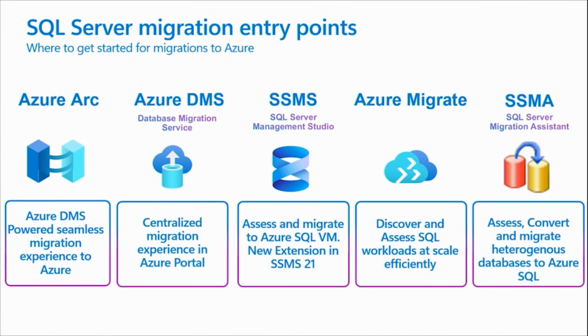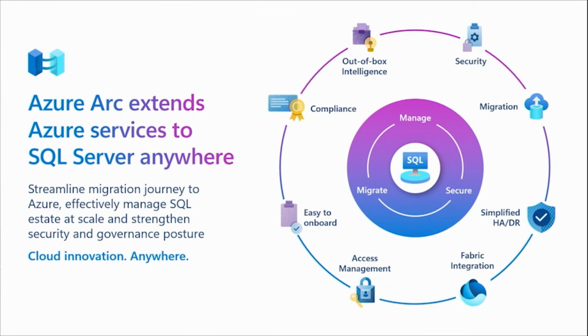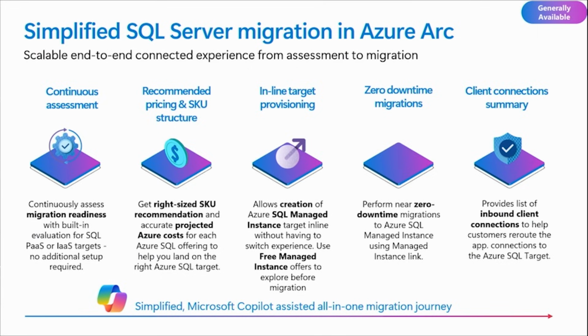Let's focus on Azure Arc for just a second, because how do you pick from all of these things? Well, Azure Arc is actually a great place to start to help you figure out where you need to land for picking the right PaaS database. There is now a new feature in Azure Arc, a simplified migration experience.